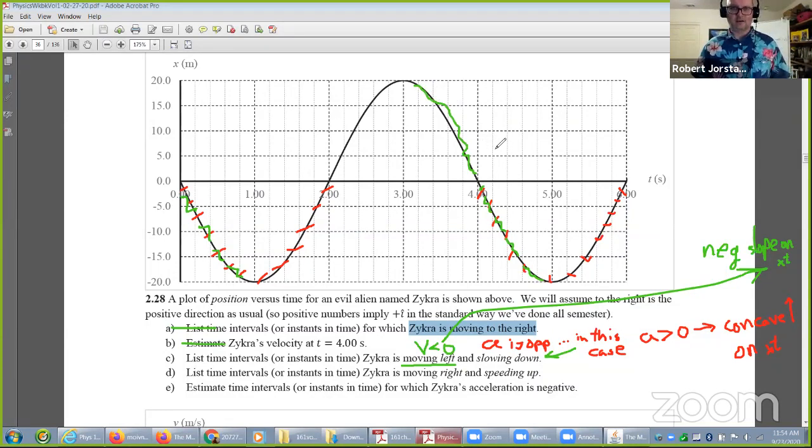But that's not in our concave up region. I think that's it. So we see that these time intervals here, 0 to 1 and 4 to 5, meet the requirements of what was asked. So I would say 0 to 1 seconds and 4 to 5 seconds.